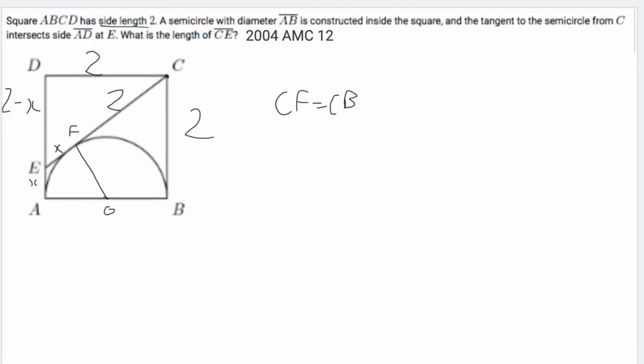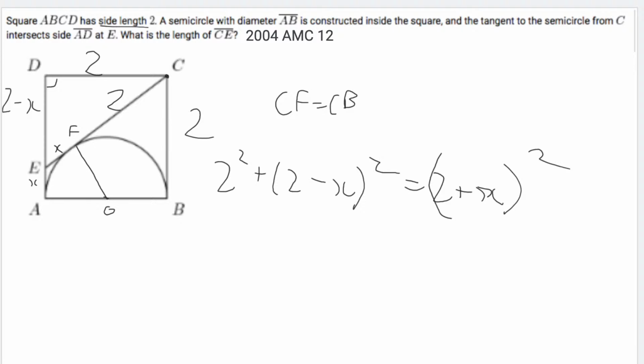Now we got some Pythagorean relationships. This is a 90-degree angle. Now we can find X easily, and then add it to 2, and we get the answer. So 2 squared plus 2 minus X squared equals 2 plus X squared. Now this is just some simple computation.